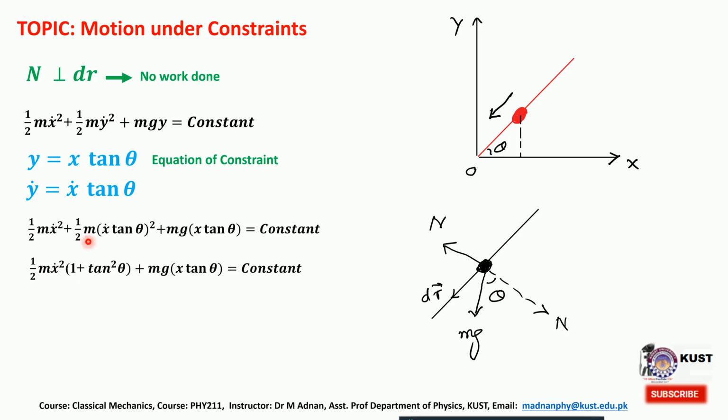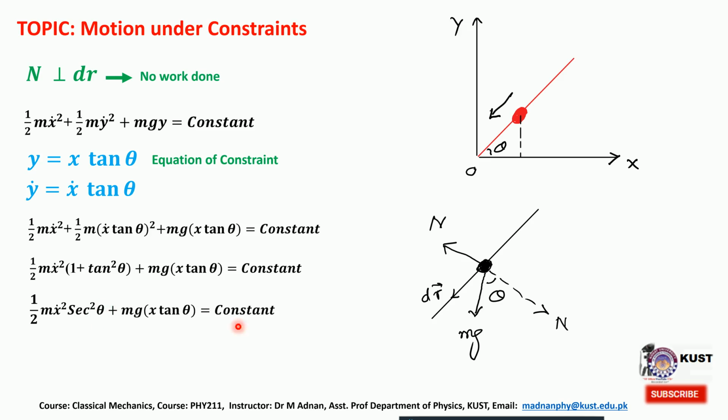Here if we take half m x dot square common from the first two terms, we are left with 1 plus tan square theta, and the rest is the same. We know that 1 plus tan square theta is equal to sec square theta.